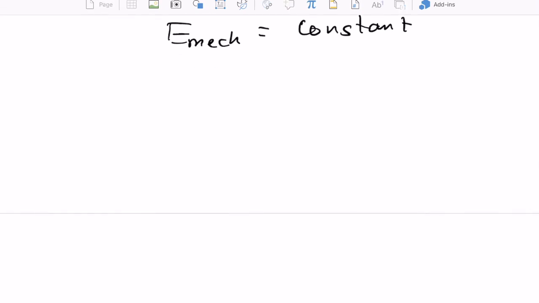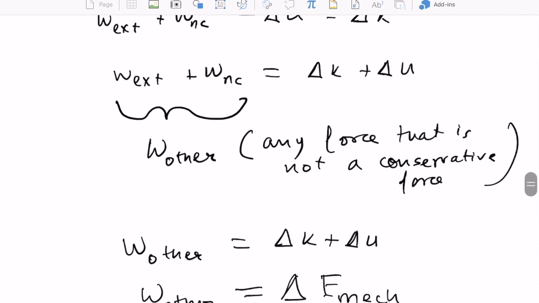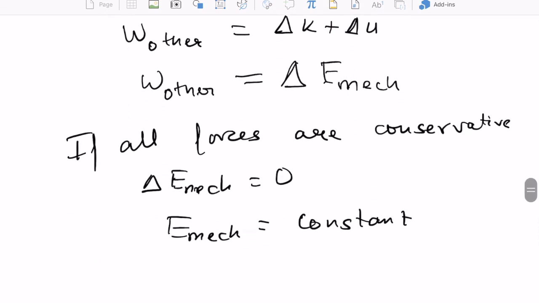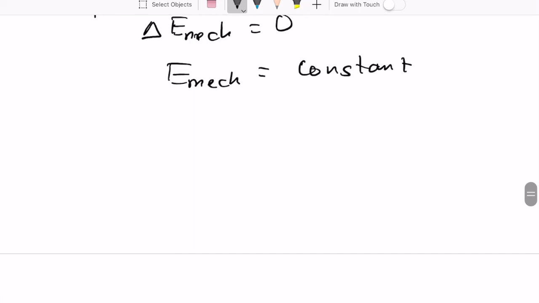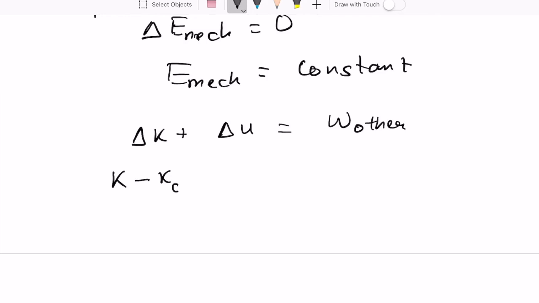There is an alternative way of writing this equation. So the equation that we just got was W other is equal to delta K plus delta U. So I can write delta K as K minus K initial.